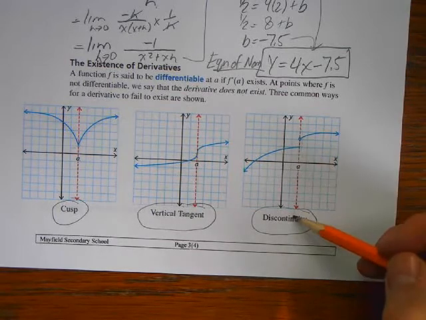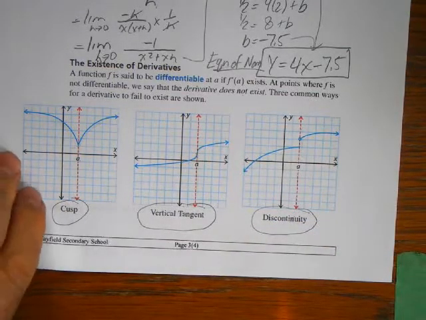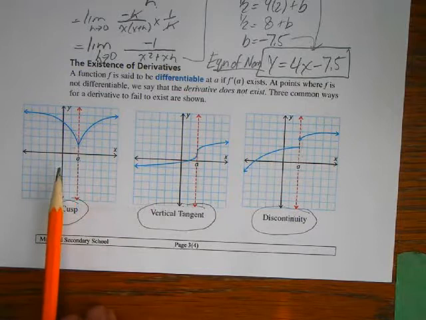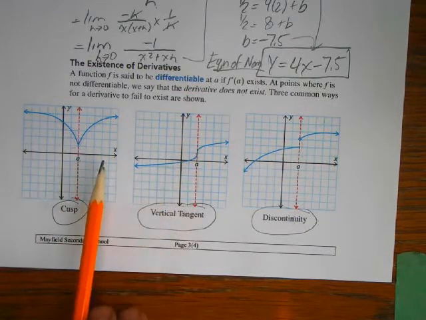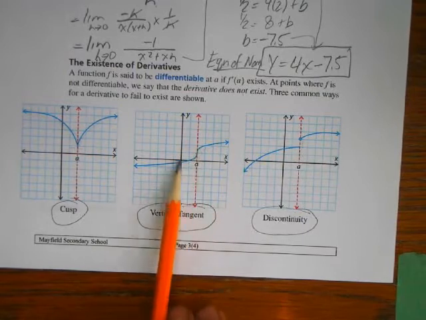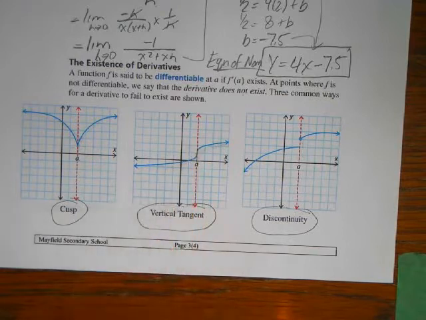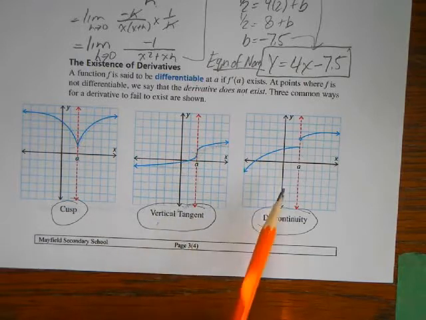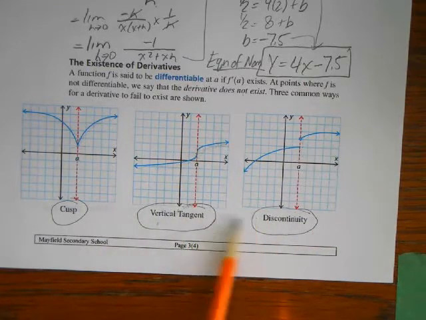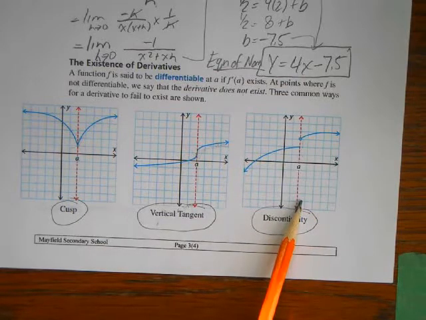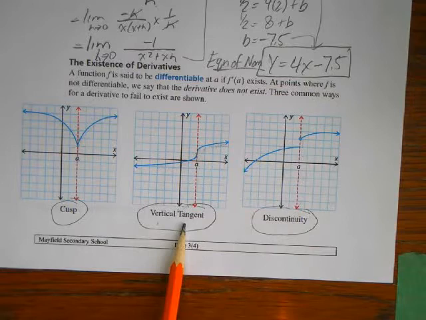Notice on both of these, if you're looking at continuity, these look continuous, right? Because you're not picking up your pencil. But because it's a vertical tangent, the derivative doesn't exist. So what that kind of means is just because it's continuous at a point doesn't mean the derivative exists. Okay, but if it's discontinuous at a point, the derivative doesn't exist. Okay, but you can't go the other way, because if it's one of these situations, like in this case here, you'd also say, well, the limit exists.